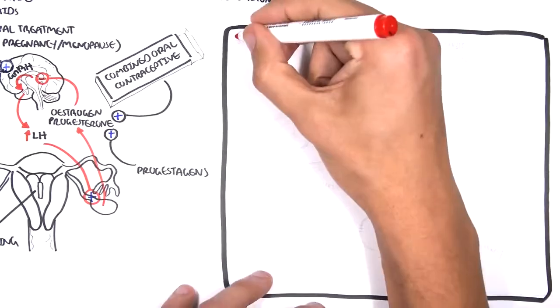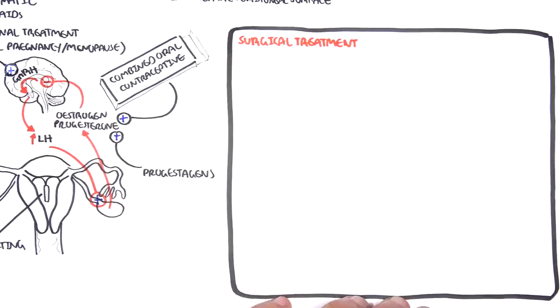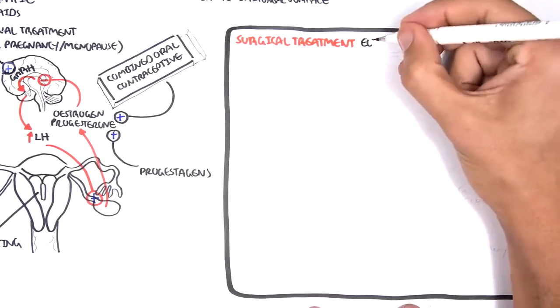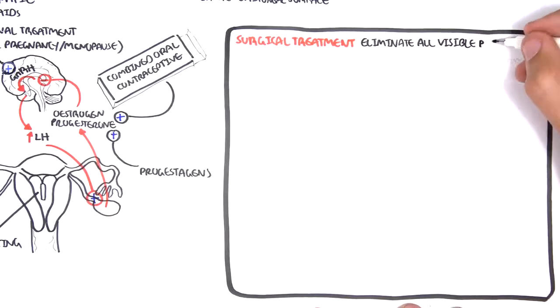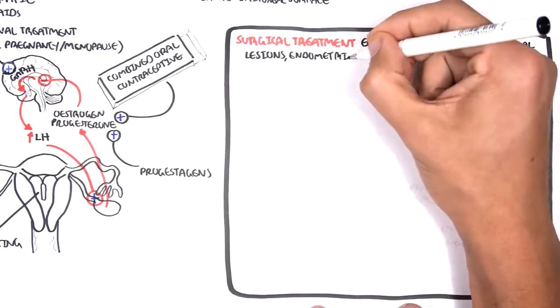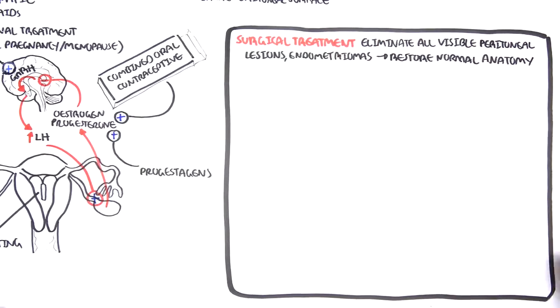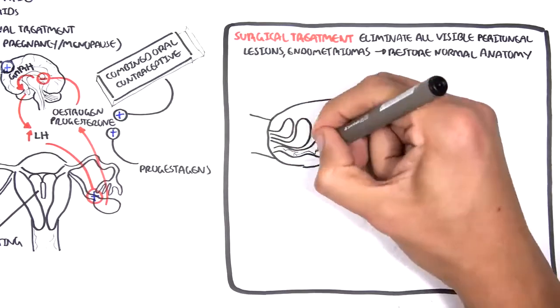So we just talked about symptomatic treatment, hormonal treatment, and finally there is surgical treatment. The aim of the surgical treatment is to eliminate all visible peritoneal lesions and endometriomas, and to try to restore normal anatomy. And there are three main surgical options.